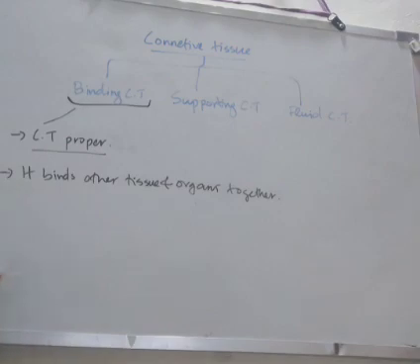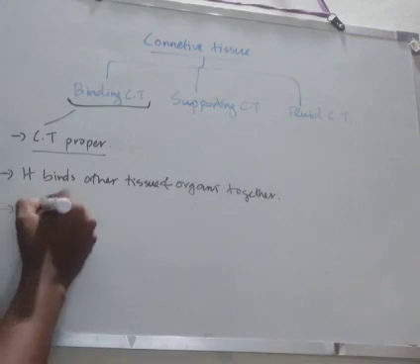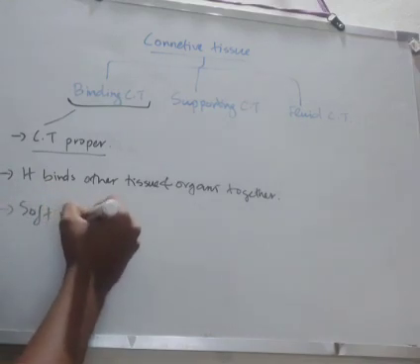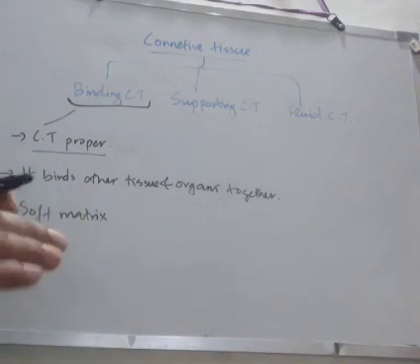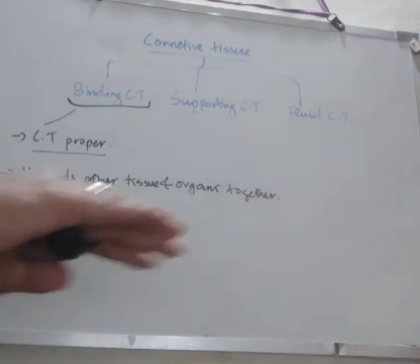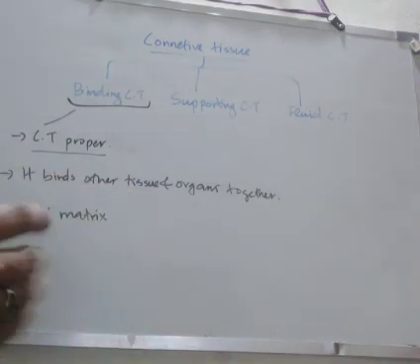And it has a soft matrix. It has a soft matrix transversed by fibers, either singly or in bundles. What type of soft matrix? A soft matrix transversed by, you know, cross section, transverse section, you know that.